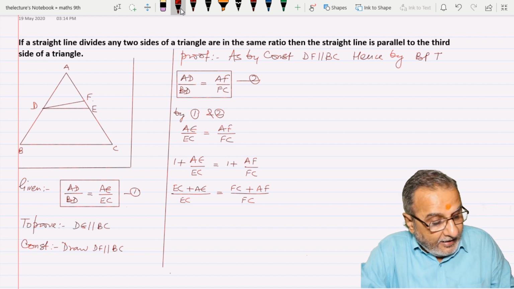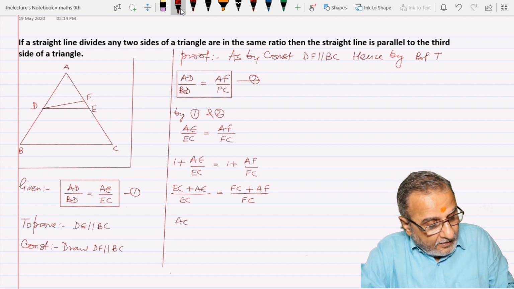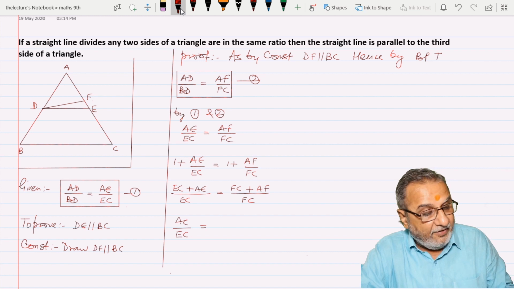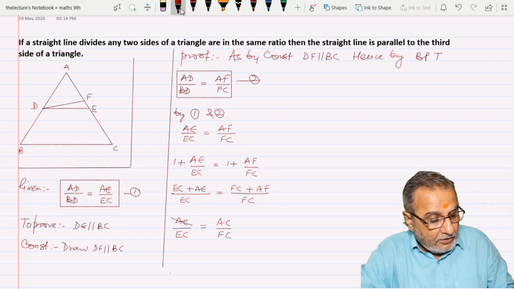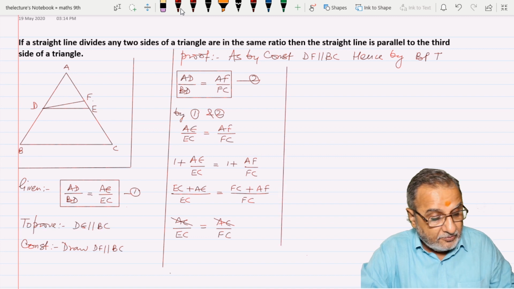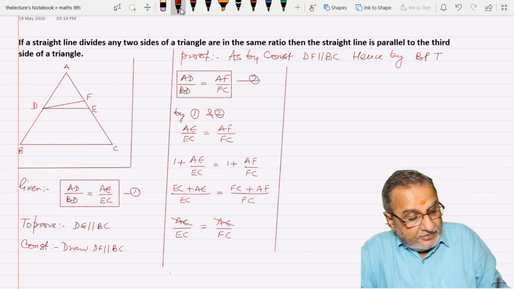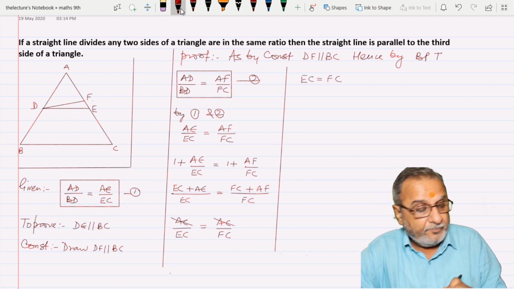When I add EC plus AE, that is AC, so I will write AC upon EC, and when I add FC plus AF, again I will get AC, so AC upon FC. So AC cancels, and the last part which I am starting is EC equals FC.